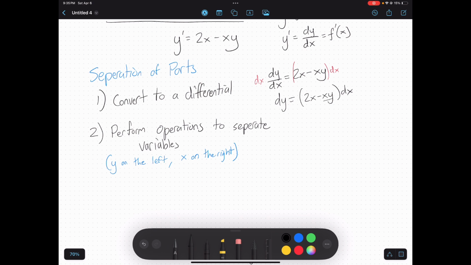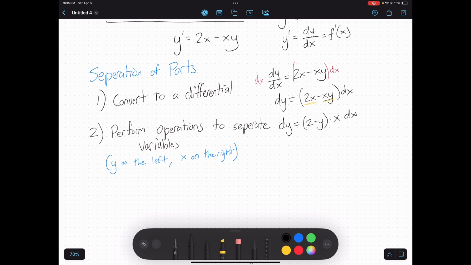But if I have xy right next to each other, how do I do that? Well, I can actually factor out an x. Both of these terms have an x in them, so I can factor out an x. And what do I get? I get dy is equal to (2 minus y) times x times dx.